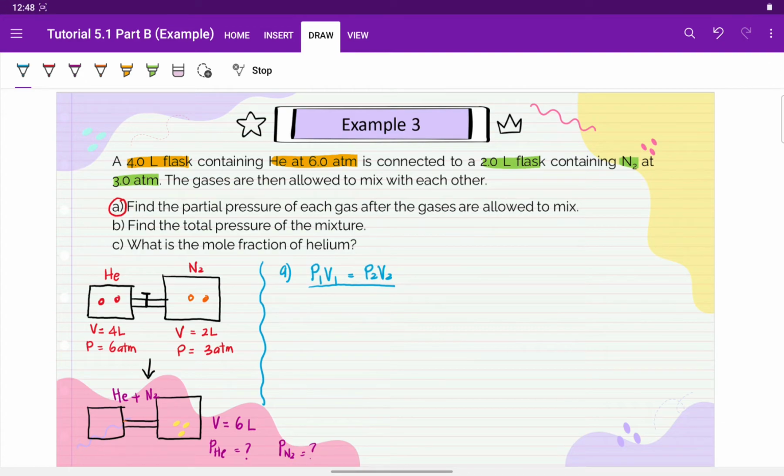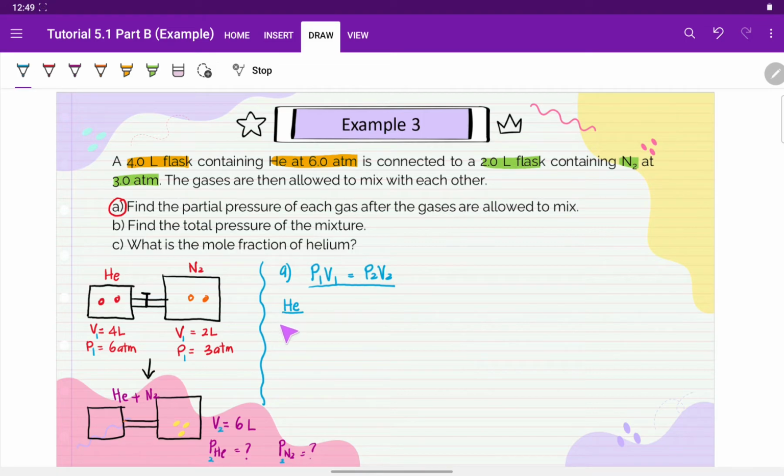Okay, so untuk helium gas, this is the P1, V1. So dekat sini this is P2, V2. Okay, nitrogen pun sama. This is V1, P1. So dekat sini V2, P2. Volume dia samalah. Okay, jadi substitute. Okay, equation dah ada dekat atas ni.